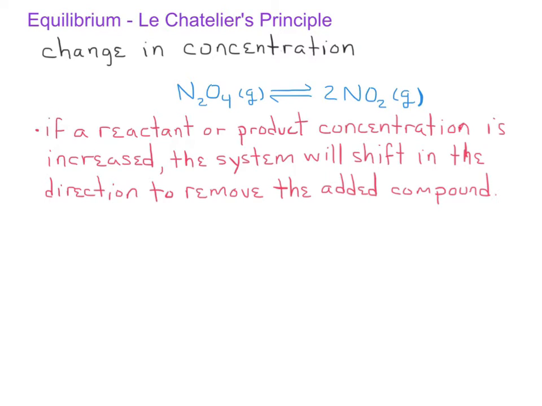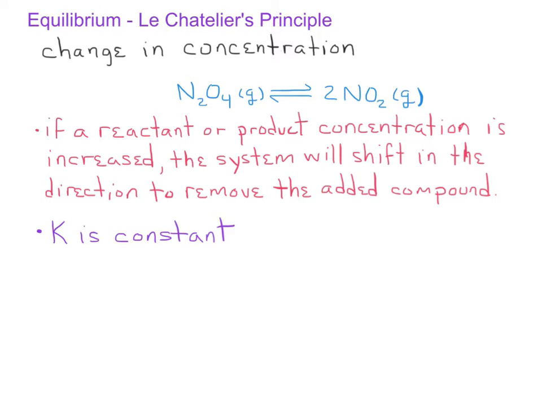In general, we could say that if a reactant or product concentration is increased, the system will shift in the direction to remove the added compound. So, another example, if we added more nitrogen dioxide, the system would shift to remove the extra added nitrogen dioxide, so the reaction would shift to the left.